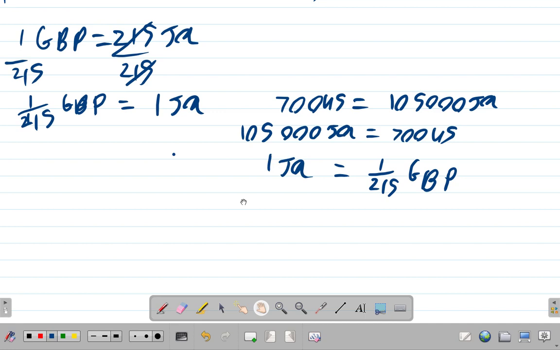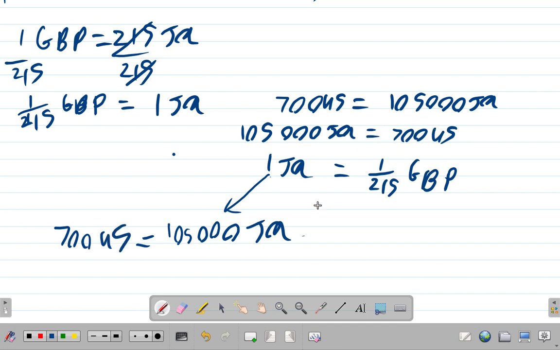You see that? 105,000 Jamaican is 700 US. So if you multiply this by 105,000, you will be saying that that is 700 US. You see it up there.